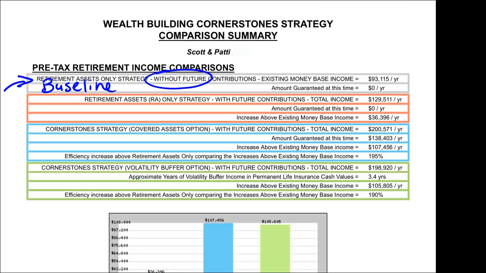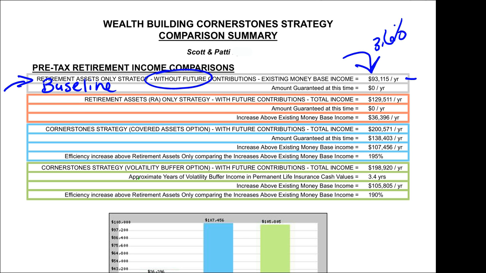Based on the Wall Street Monte Carlo simulation, we'll review that again in detail, the Wall Street advisable withdrawal rate is about 3.6%. So if there was no additional savings, the income number from the business assets and retirement assets is $93,000.